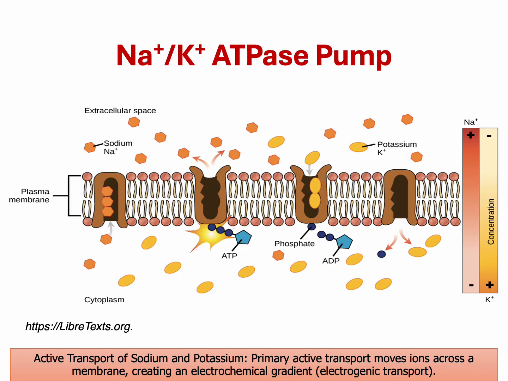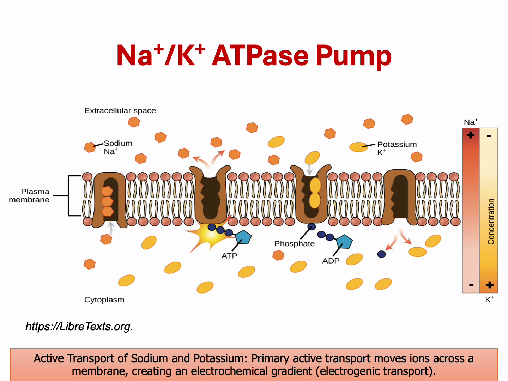Now, this is the sodium potassium pump, a primary active transport. It is widely regarded by scientists as one of the most vital active transport mechanisms in the body. The sodium potassium pump plays a key role in maintaining the cell's internal environment by managing ion balance.